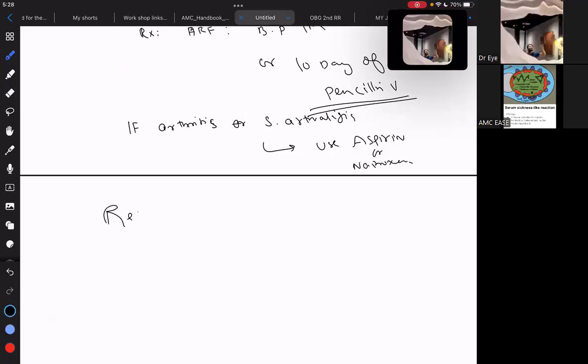If the patient has a risk of recurrent acute rheumatic fever, then we have to go for prevention, where we go for IM benzathine benzyl penicillin, just like the treatment part.